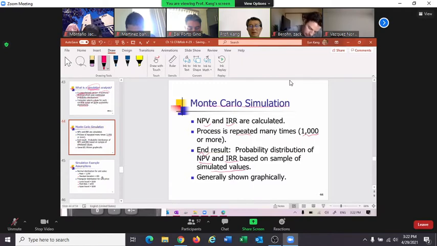So not only do you have just one NPV, you have a probability distribution. It is generally shown graphically. So how your NPVs are distributed, if you solve for thousands of NPVs, then you will see the distribution.